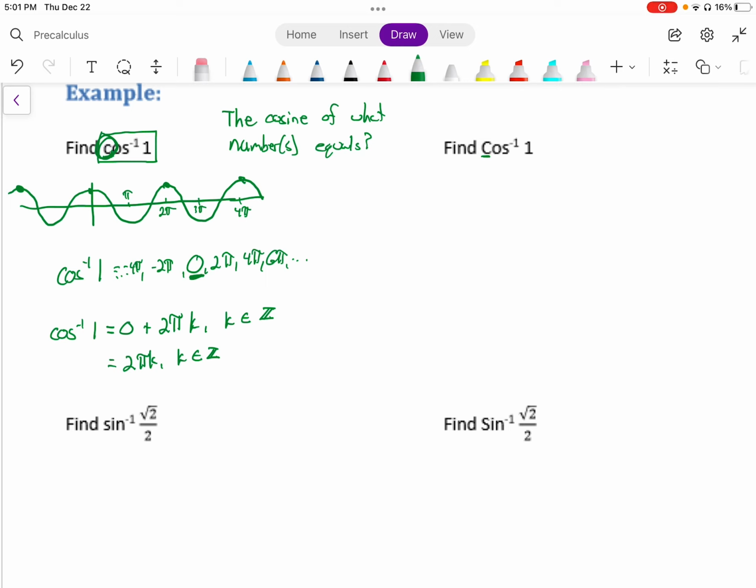When we come over to this next question right next to it, it has the capital C inverse cosine. So we recall that when we have a capital C, we only want answers from 0 to pi. And the reason we want answers between 0 and pi is that's when we have a function that's 1 to 1.